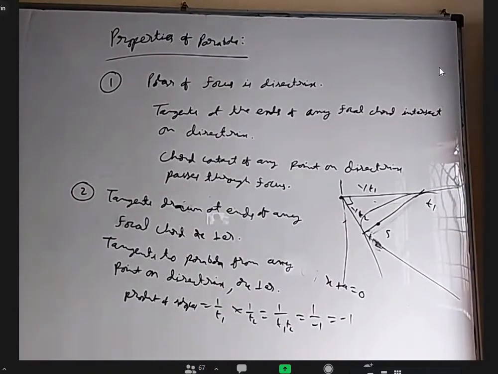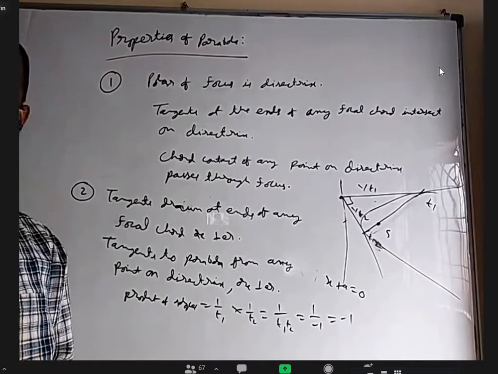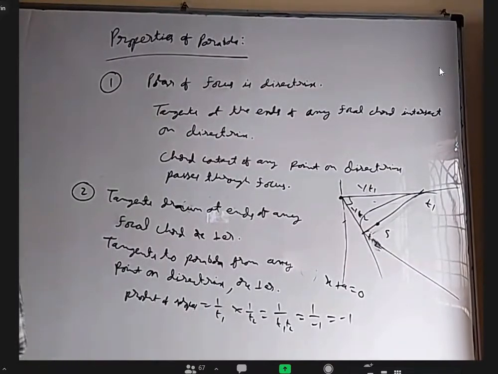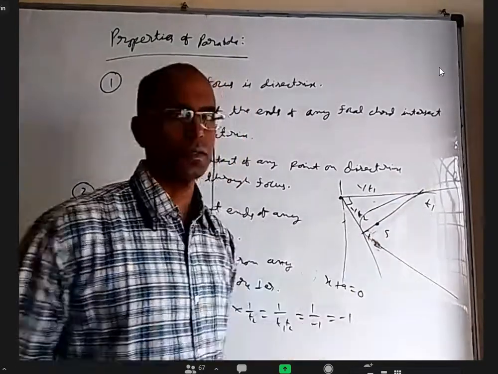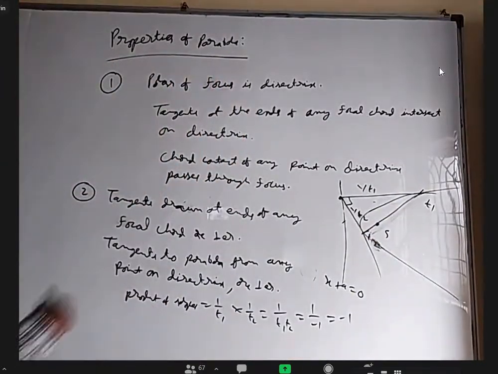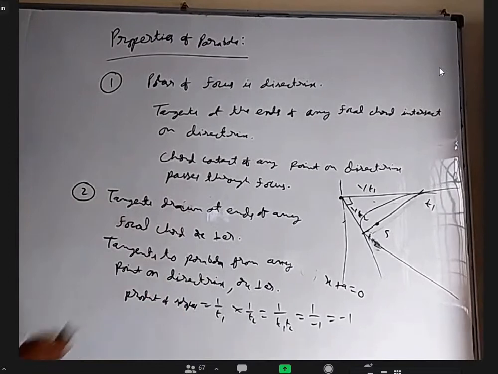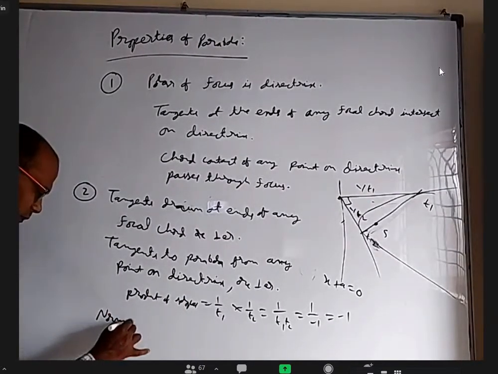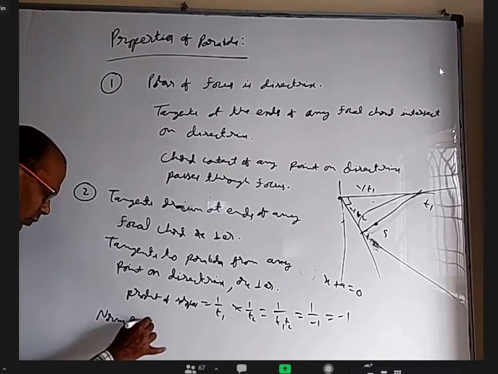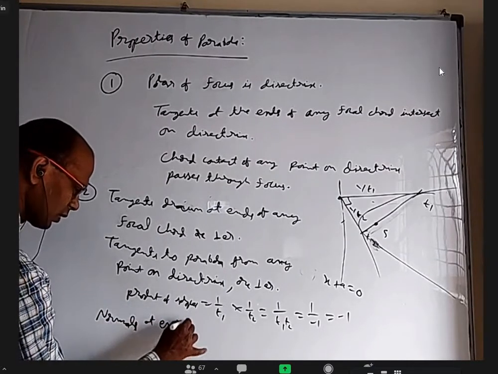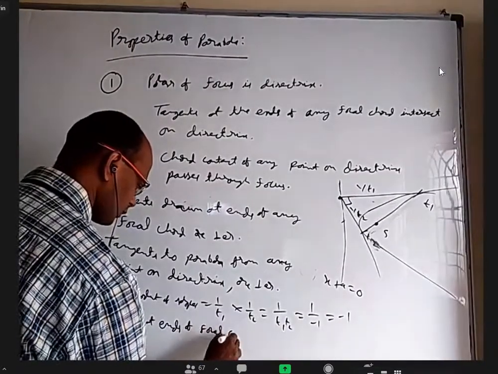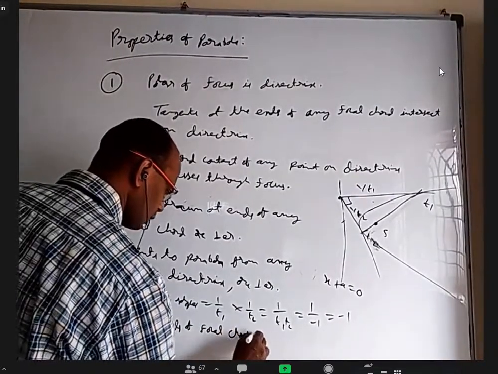If tangents are perpendicular, even the normals will also be perpendicular, right? Yes, sir. So when you say tangents, you can add one more statement: normals at the ends of a focal chord are also perpendicular.